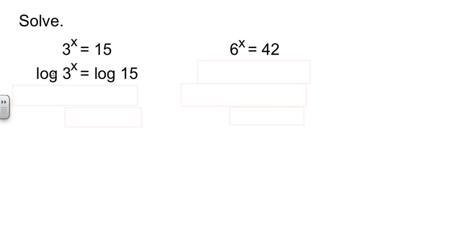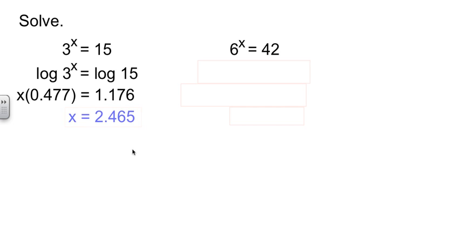So I'm going to take log of both sides of the equation. Now I'm going to use the property we learned in the last section and drop that x down in front. Log of 3, my calculator tells me, is 0.477. Log of 15 is 1.176. Now I can solve for x just by dividing.